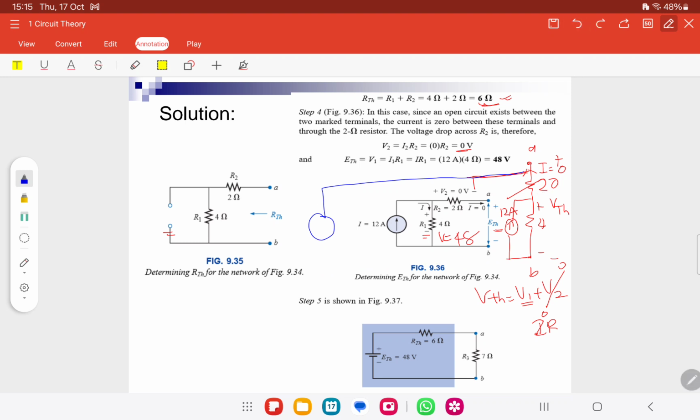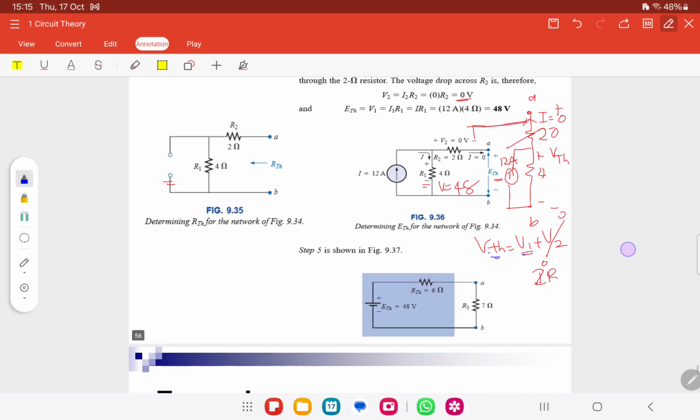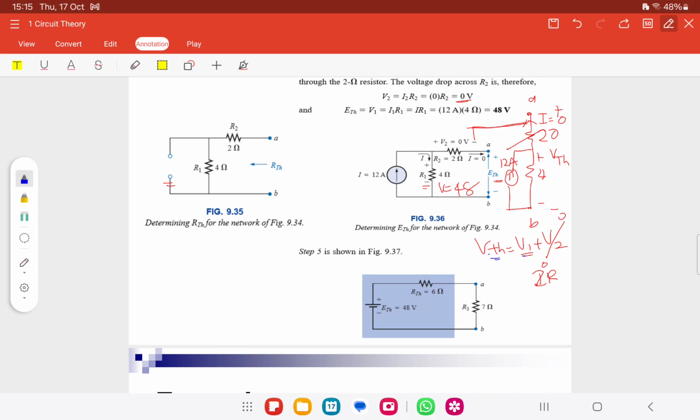So the V1 is 0. So V2 is 0. V1 is equals to VTH. Okay, so what is the next step? Lukis the VTH and the RTH. Masukkan balik yang kita dah remove earlier tadi.